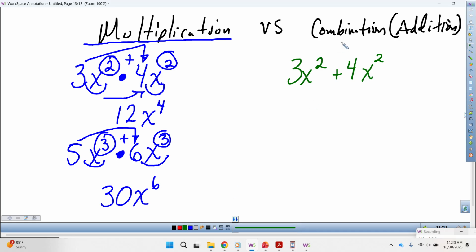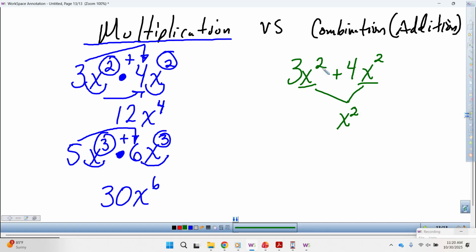For combination, whenever we say combine like terms, look up to the screen. When we say combine like terms, it means that they have the exact same variable with the exact same exponent. That's the only way that this is going to work. So what does this become, Mr. Q? Well, you combine by making the x squares only 1, because they're the same kind.